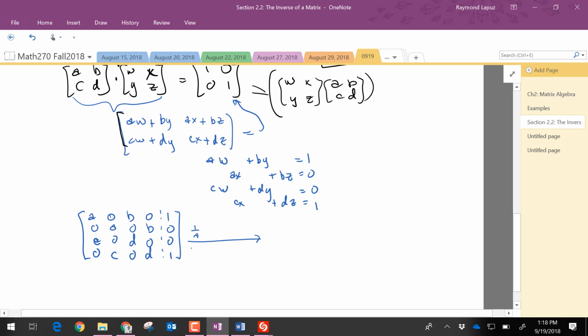So 1 over A in the first row, and then I'll leave the C here because I'm going to knock that out, but I'm going to do 1 over A for the second row as well. So I have 1, 0, B over A, 0, 1 over A. 0, 1, 0, B over A, and 0.